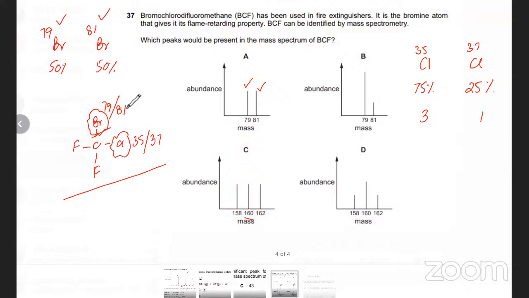So if the fragment has 2 bromines, then it's going to be 162. But the problem is that in any one of the molecules, there's only 1 bromine. So the fragment produced would be a single bromine, and that would either have a mass of 79 or 81. It can't have a mass of 160 or 162. Is that clear? Yes.